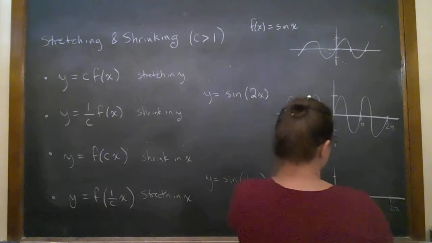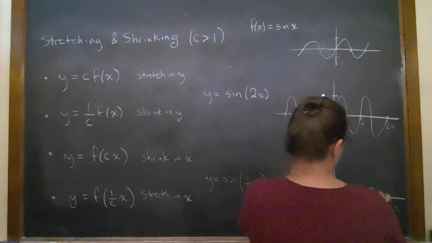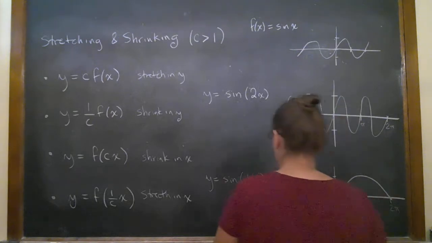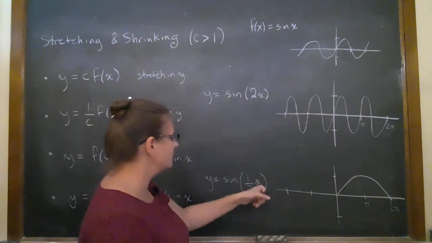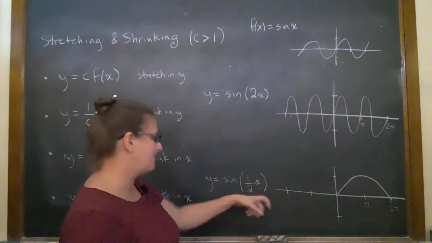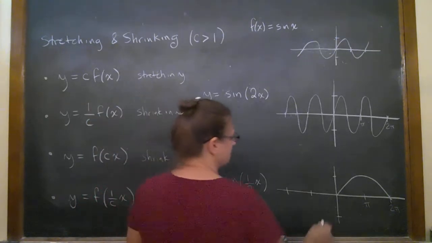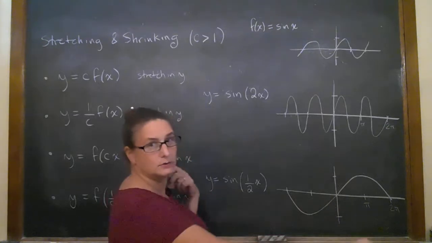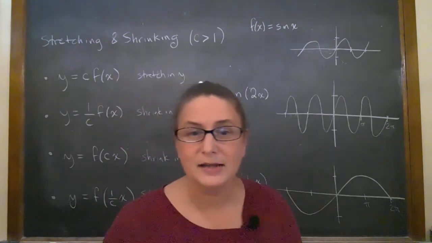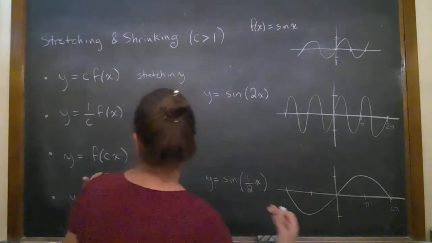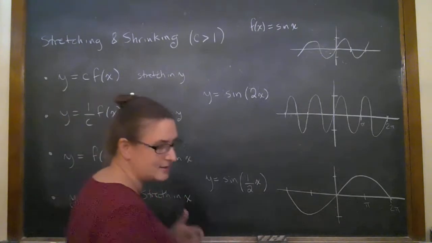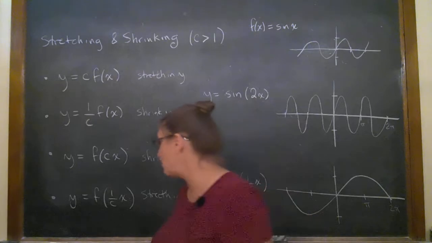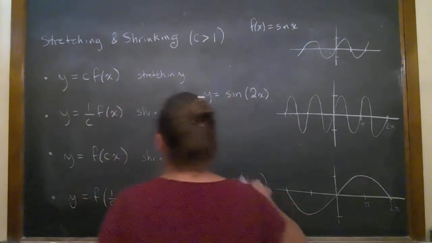So rather than my regular sine of x, which would do this, because it's 1/2, I have to go all the way to 2 pi to get back to the sine of pi, right? So this gets stretched out. So that's your horizontal stretch and shrink.